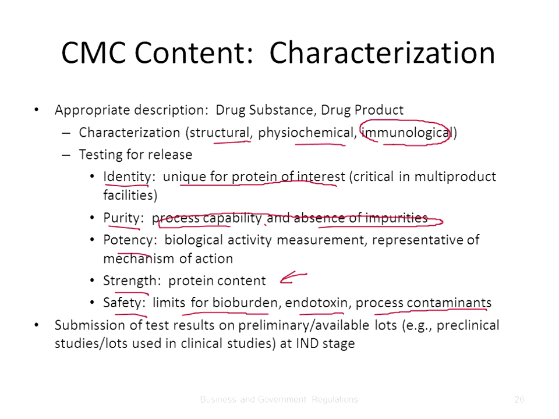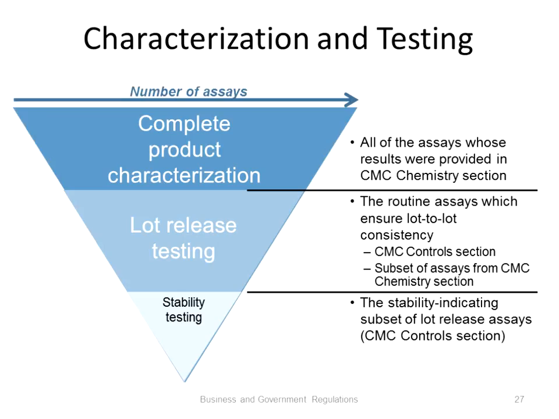So at the IND stage, you might have lots from the preclinical studies, and that's what you submit to the FDA. All right, so differentiation between three things. There is complete product characterization. Complete product characterization you submit once to the FDA, in your CMC section.